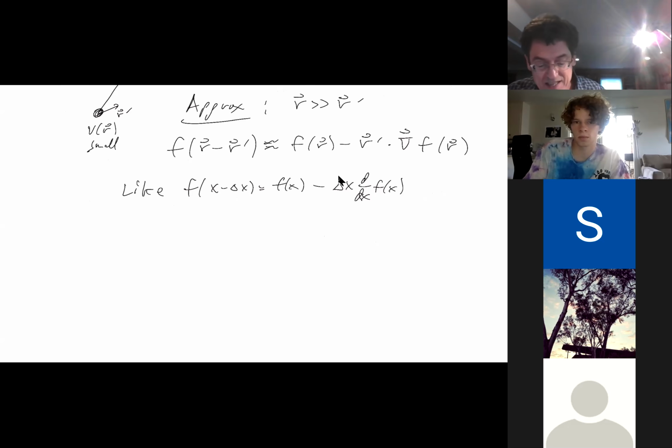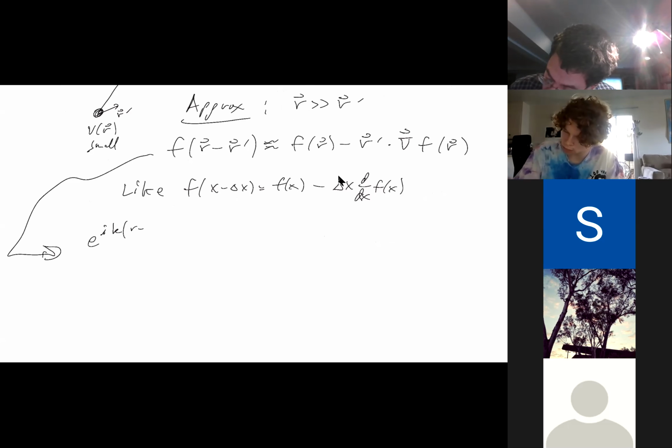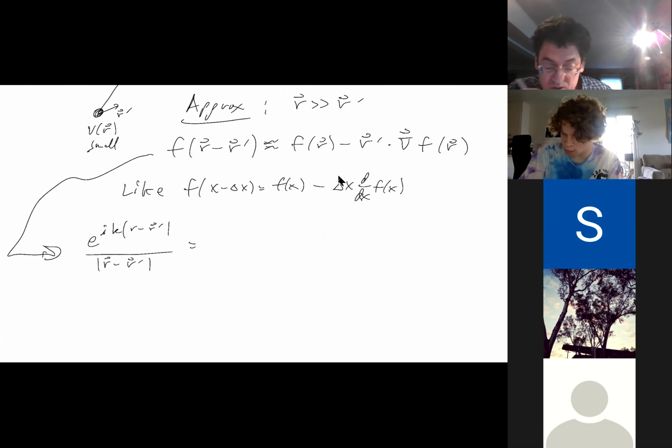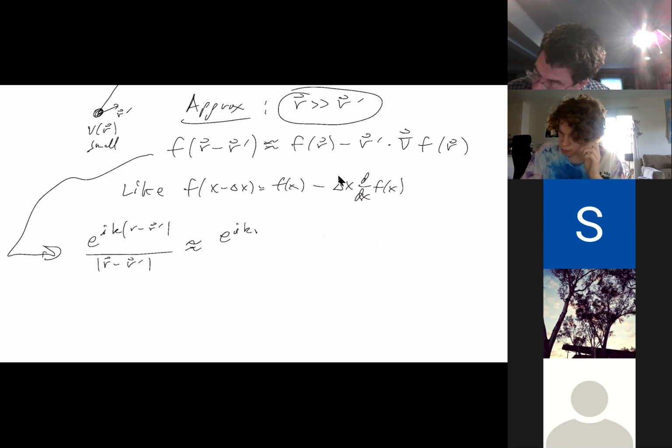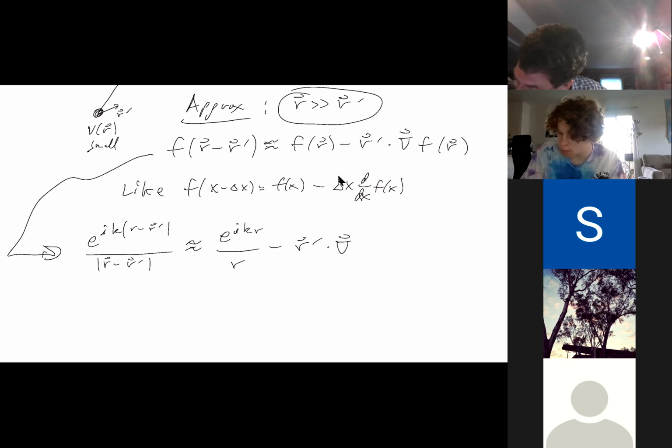Now let's plug it in, because using this trick we can write that e to the i k times r minus r prime over r minus r prime is approximately equal to, for this approximation where r is way bigger than r prime, e to the i k r over r minus r prime dot del of e to the i k r over r.